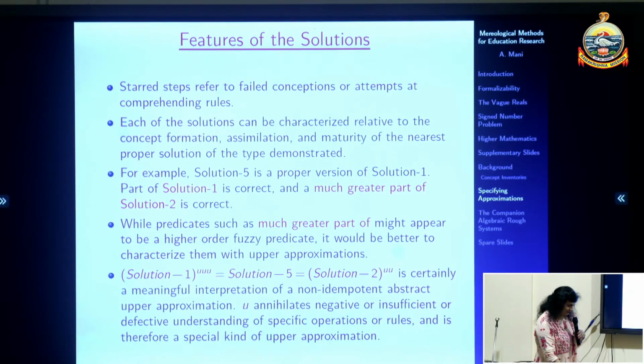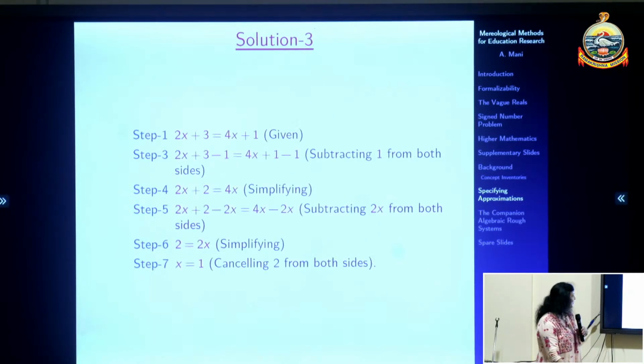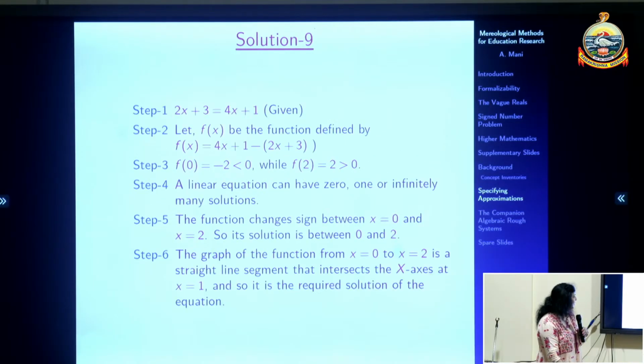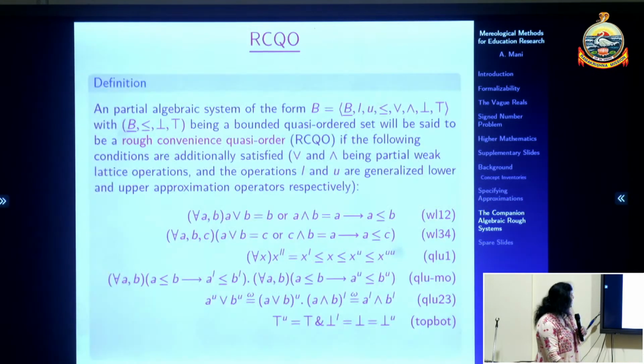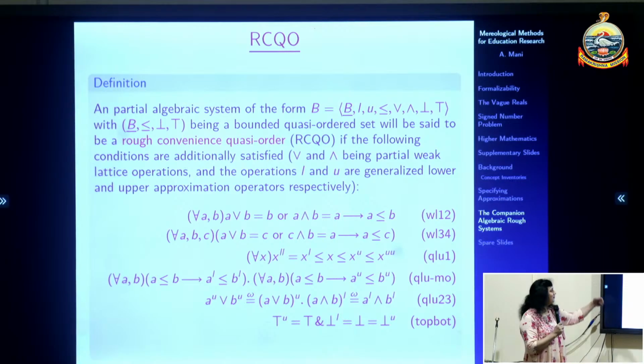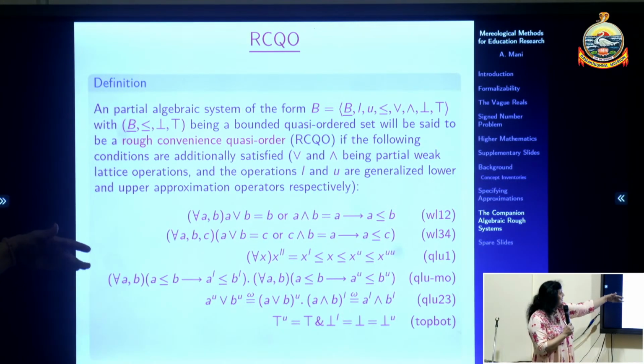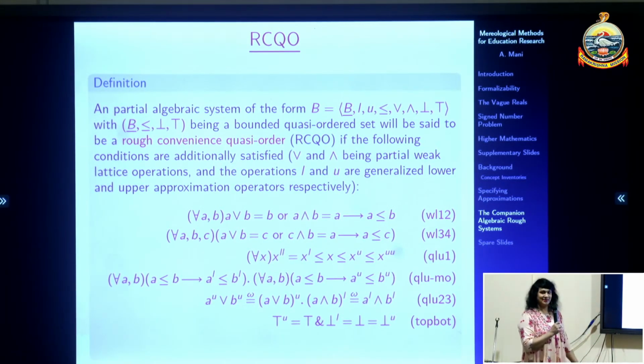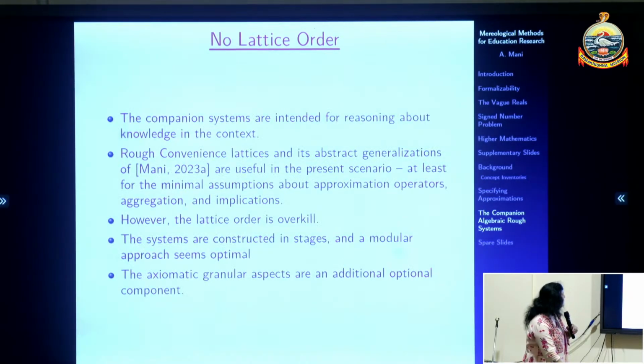Explaining it will take too much time, so I'm not going into that. But they look pretty complicated. This is how it starts. So there is a rough convenience lattice in which I add a lot more additional structure basically. This is the companion model, and this combined with that gives a better understanding. But to explain this I'll have to go back again.